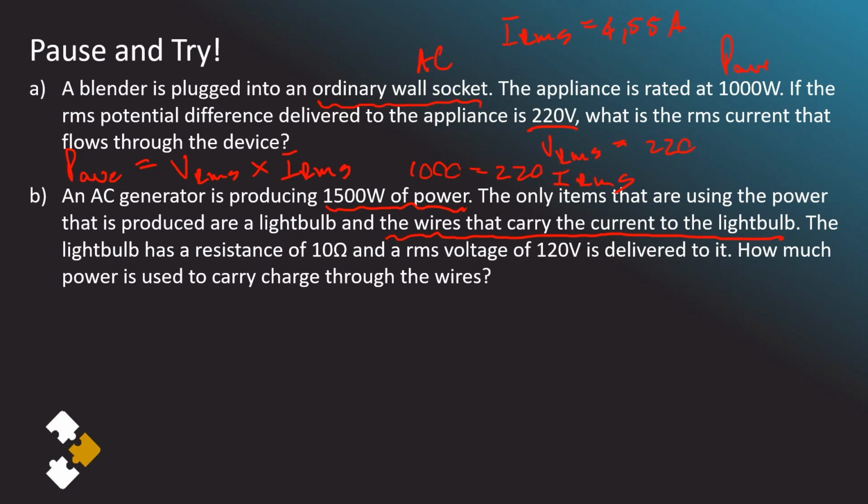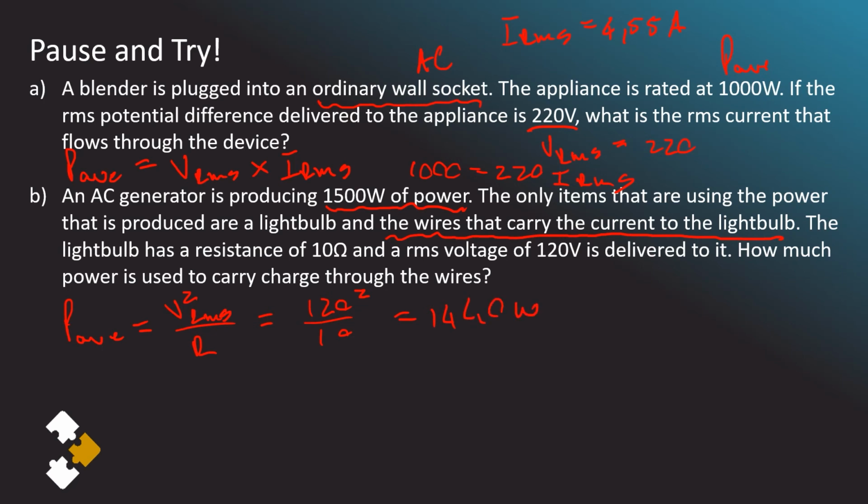So here, what we can do is find the power that the light bulb uses first. To find that, we've got the VRMS and we've got the resistance. So we can use V squared RMS divided by the resistance, and the power from the light bulb will then be 120 squared over 10. And let's see what we get for that. 120 squared over 10 gives us 1,440.